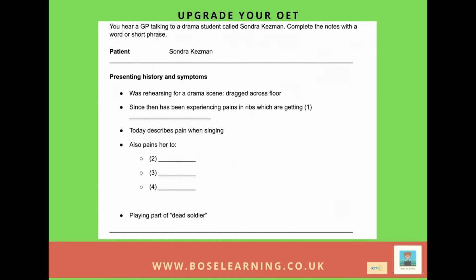So you've got 3 more areas associated with pain. So what else might be causing her pain? Singing. Think of 3 other things that could potentially cause her pain. Then we've got a bit of information, which is more of an FYI really, for your information, that she was playing the part of a dead soldier. Use that to mark where you are and to know that you now have to move on to questions 5 and 6.